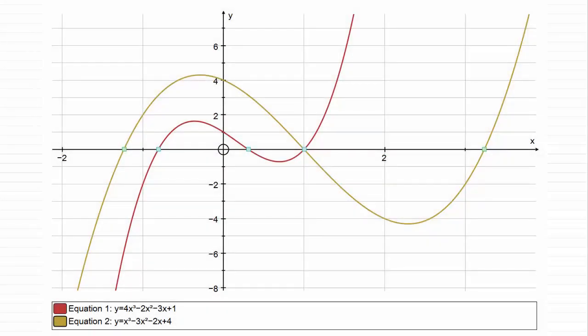So here you'll see those two graphs. The graph then of y equals 4x cubed minus 2x squared minus 3x plus 1. And this is the graph here of y equals x cubed minus 3x squared minus 2x plus 4. Now remember, the roots for this equation here, when it equaled 0, were alpha, beta and gamma.